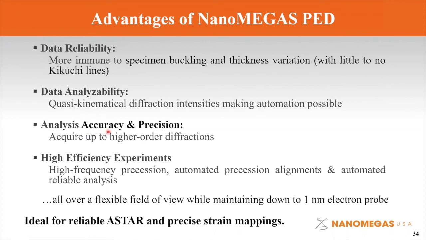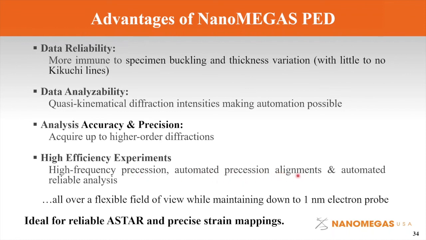The analysis accuracy and precision are enhanced because higher order diffraction spots are acquired, and those spots are more sensitive in changing orientation or strain. And the high efficiency experiments can be guaranteed with the implementation of high frequency precession, automated precession alignments.